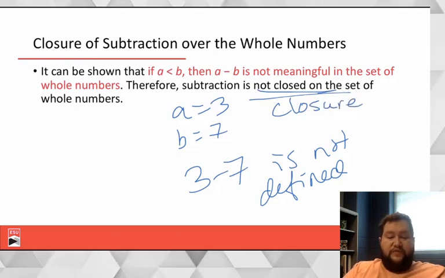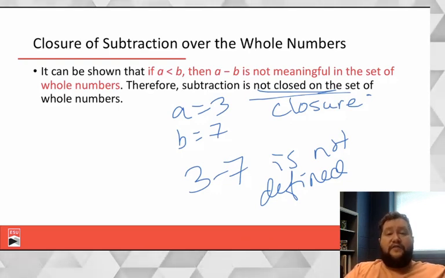So subtraction is not closed on the set of whole numbers. And so closure says anytime you take two numbers from a set and subtract them, you'll get something back. And that doesn't work here because we have to take a smaller number from a larger number.